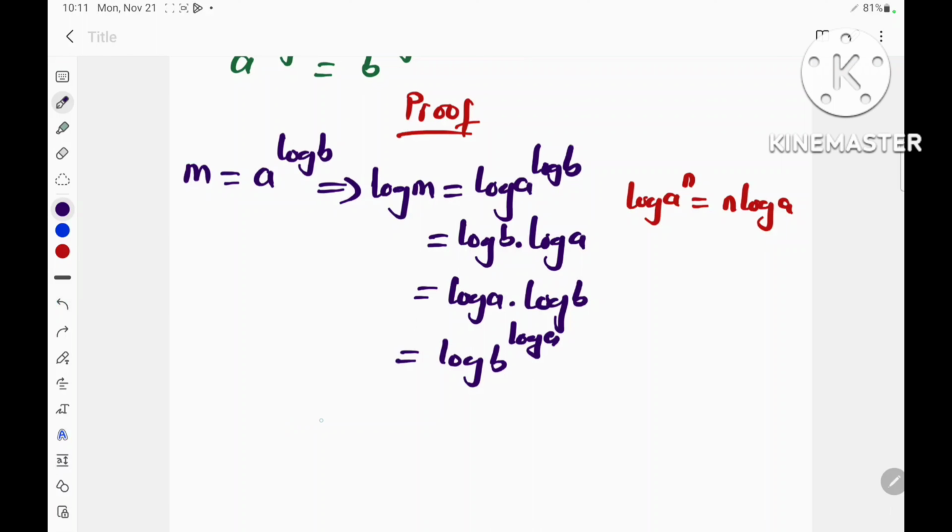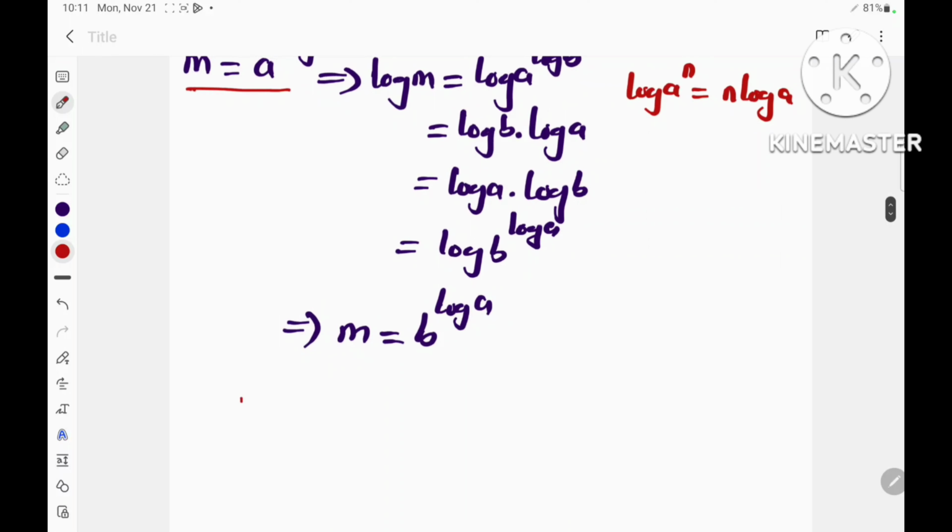And since the log function is injective, m is equal to b raised to the power the log of a. So from this, we can conclude that a raised to the power the log of b is exactly the same as b raised to the power the log of a.